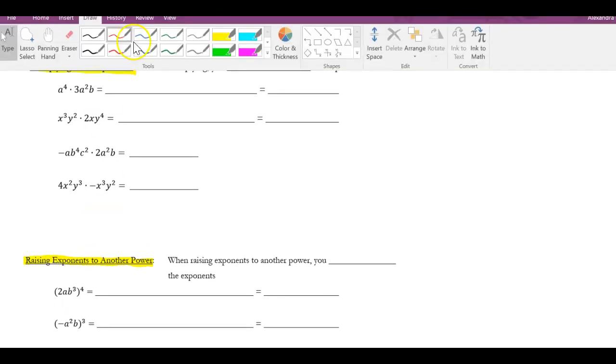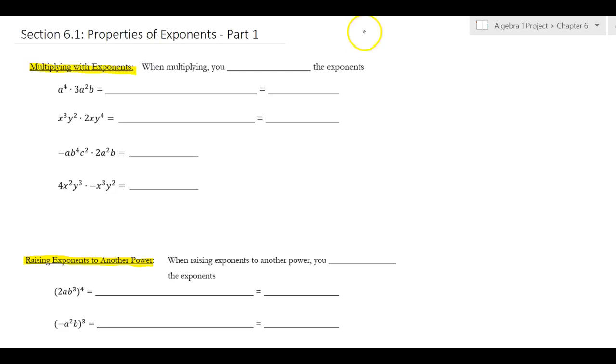All right, so before we fill it in, let's just go ahead and see what happens when we multiply. I have this long space here because I want us to actually expand it and write it. If I have a to the fourth, that means I have 4 a's. And then I have a 3, and then this says a squared, so I have 2 a's, and then a b.